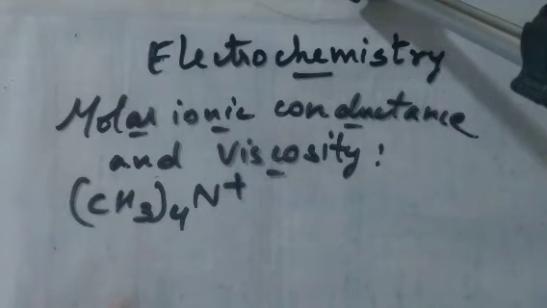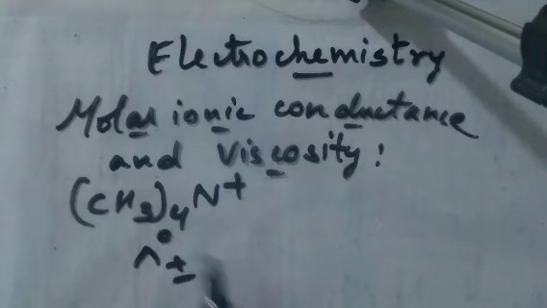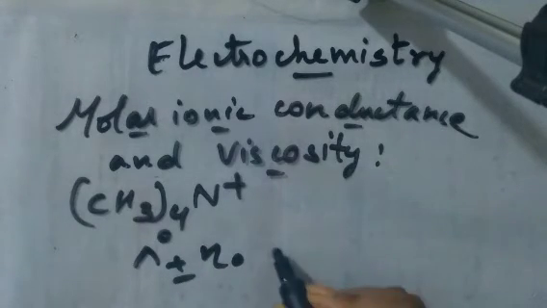You measure the ionic conductance value by experimenting in different solvents, meaning solvents having different coefficients of viscosity. Then we find that the product of molar ionic conductance and the viscosity coefficient of the medium or the solvent is constant.